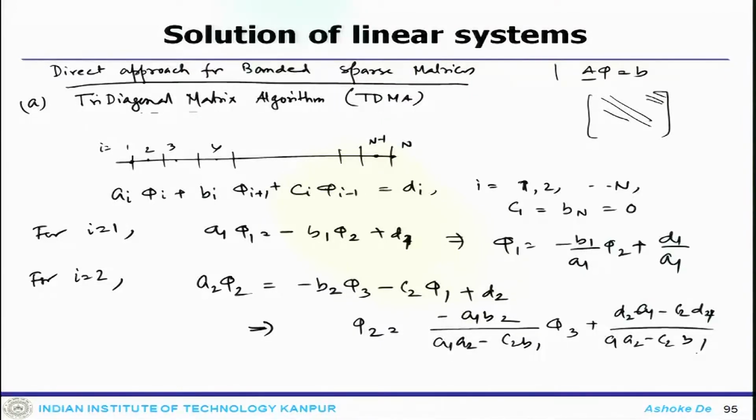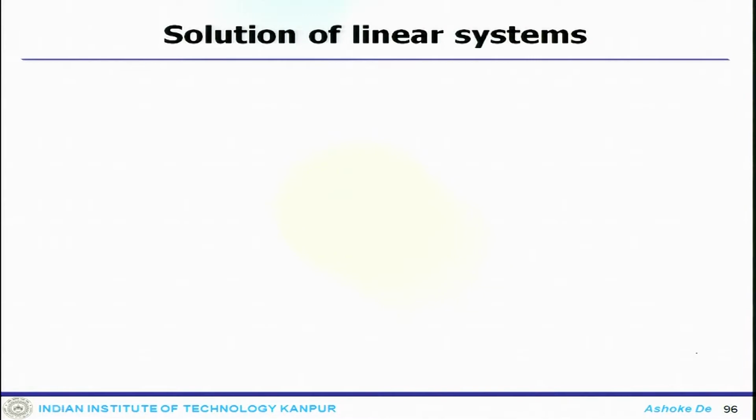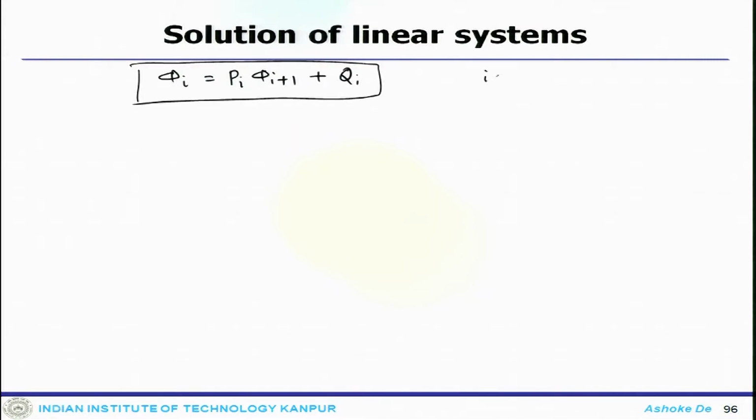So, if one generalizes this, then one can write phi_i equals p_i phi_(i+1) plus q_i. That is the generic formula for any i where i goes from 1 to n.